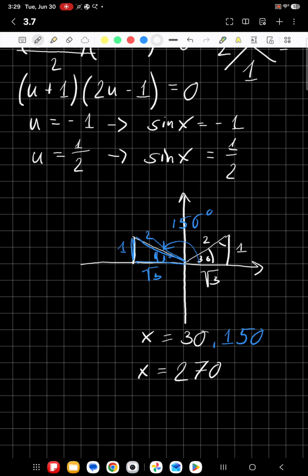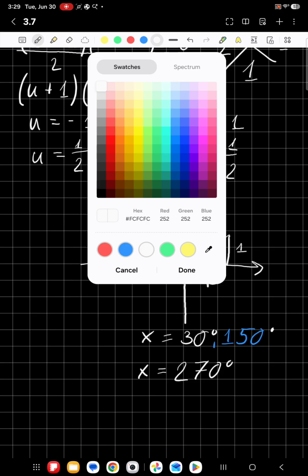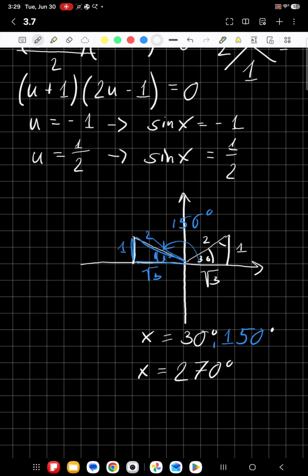This is all in degrees, and the problem was asking about angles between 0 and 2 pi, so we should probably give the answers in radians. So 30 degrees is pi over 6. 150 is 5 pi over 6.